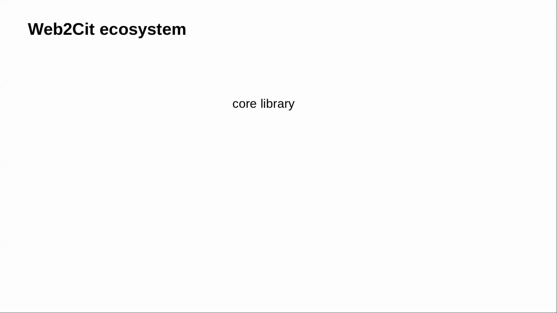So regarding the Web2Cit software ecosystem, the core part of the ecosystem is the core library. Everything we've just seen is implemented in the core library. And the core library is consumed by other parts of the Web2Cit ecosystem. It is used by the translation server.